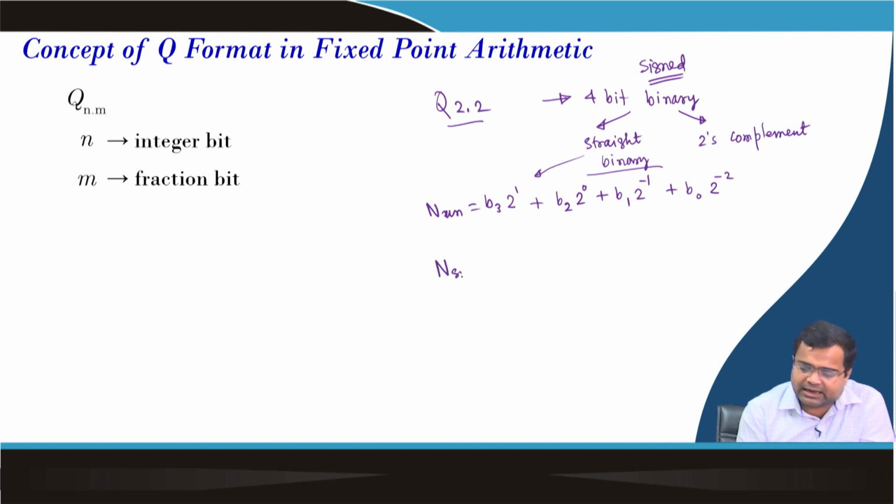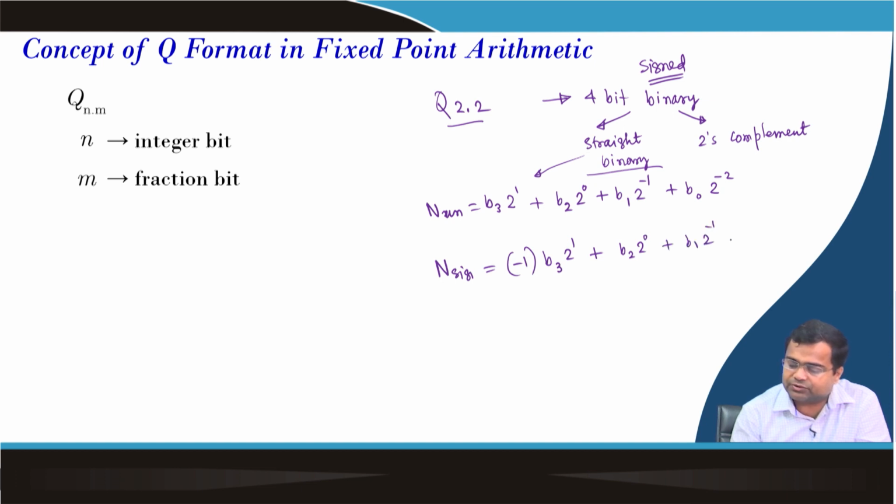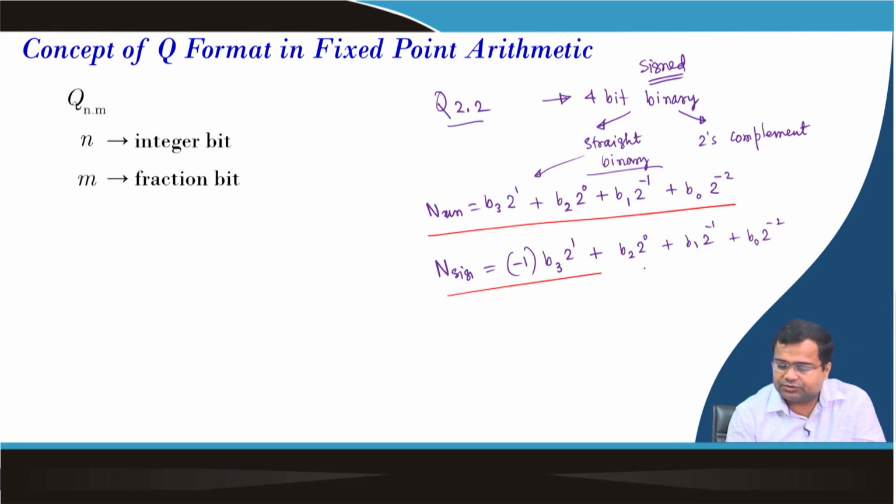But what is the signed number? It will be minus 1 times B3 2 to the power 1, plus B2 2 to the power 0, plus B1 2 to the power minus 1, plus B0 2 to the power minus 2. Now, the example: let us say we take 1 0 1 0.